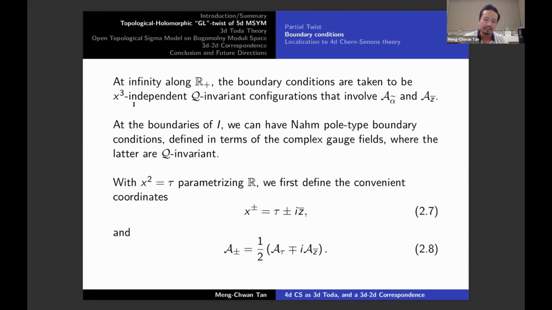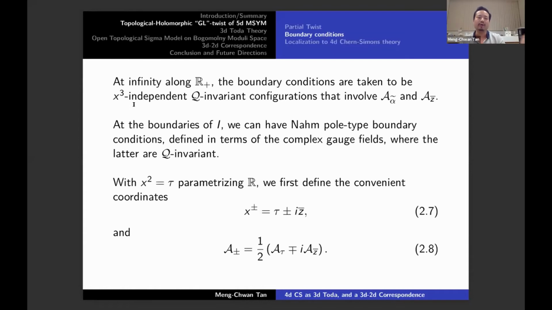About this X3 independence: we are hoping to embed 4D Chern-Simons into this 5D maximally supersymmetric Yang-Mills. And 4D Chern-Simons, for it to be well defined, as shown in the previous paper that we worked on, geometric Langlands, which is in some sense a higher dimensional version of what Witten did in trying to find the integration cycle over 3D Chern-Simons so that it converges, the analytically continued Chern-Simons.